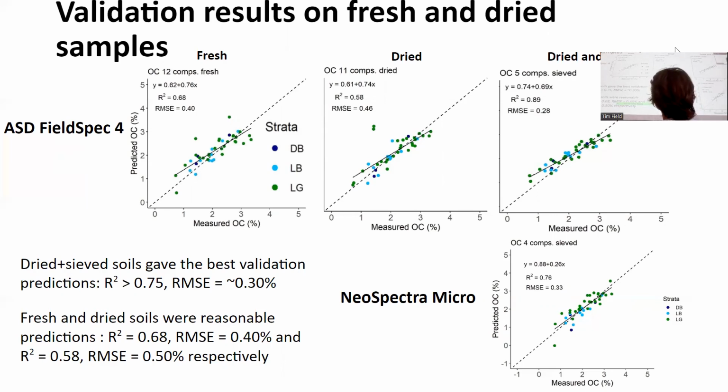With the dried samples, it actually wasn't quite so good, and that's sometimes because they're big hard clumps and you can't get a good contact with the scanner. So it wasn't as good as the fresh samples.